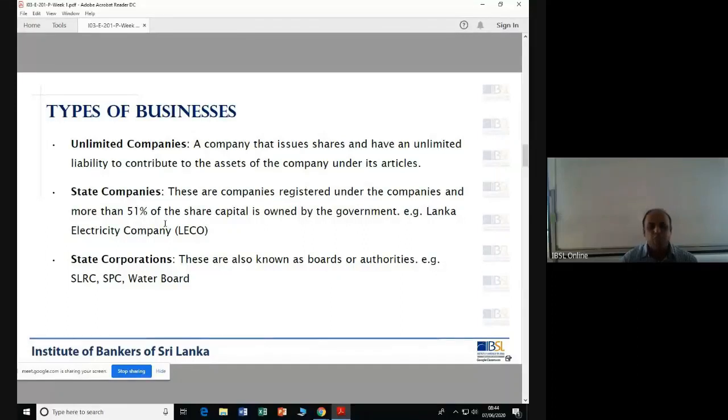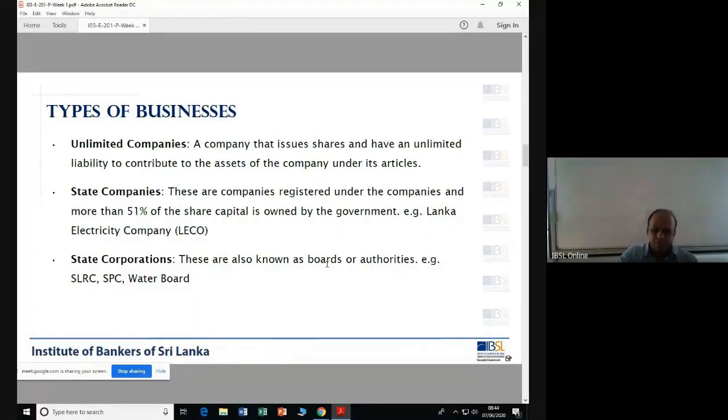So that makes me the more prominent and more controlling person. And when this 51% or more is held by the government, then it is known as a state company. So whenever a company has a shareholding of more than 51% by the government, it is known as a state company.